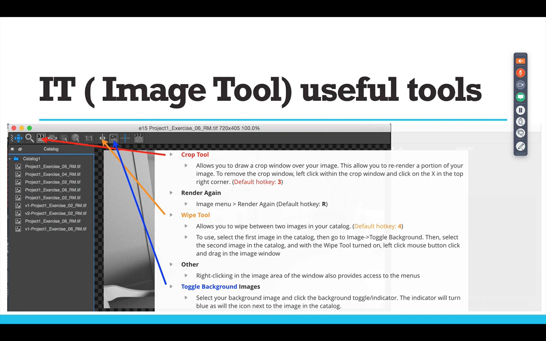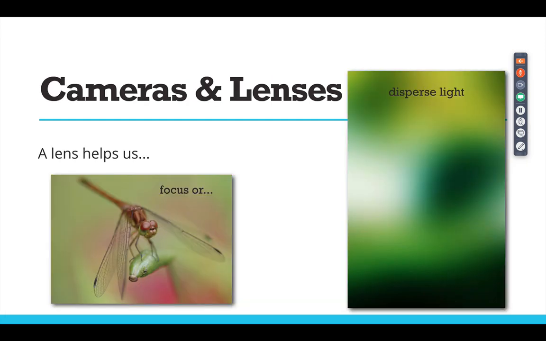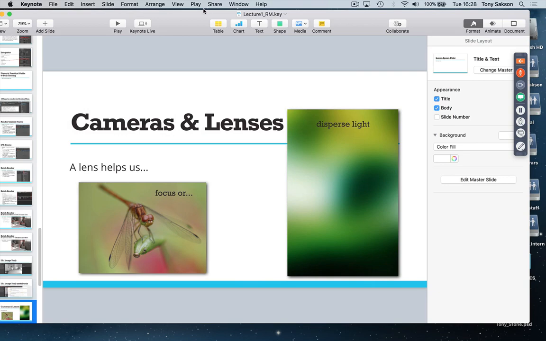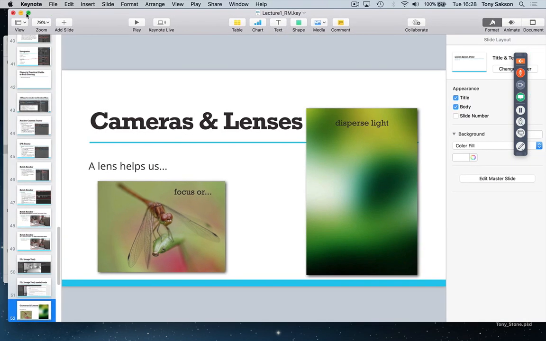That's how we figure out what our sample setting should be. So we've got the crop tool, render again, which is really good. We can toggle a background to have it on. I'll show you this stuff when we actually fire it up. I just want to kind of go through this high-level stuff with you. All right, that's a good place to pause and fire up RenderMan.